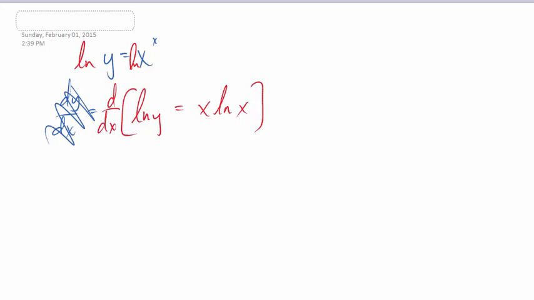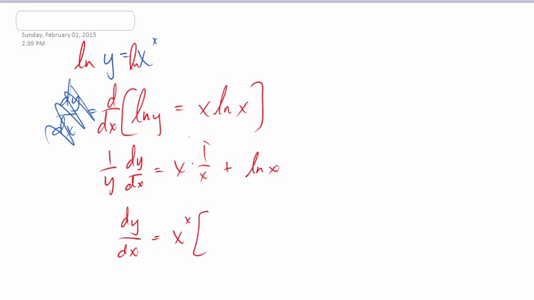So the derivative of natural log y with respect to x is 1 over y dy/dx, equals, on the right-hand side, product rule: x times 1 over x, first times derivative of second, plus second times derivative of the first, which is just 1. Okay, so dy/dx is equal to, multiplying by y on both sides, well, y was x to the x, times that becomes 1 plus natural log x. There's our fun derivative of x to the x.